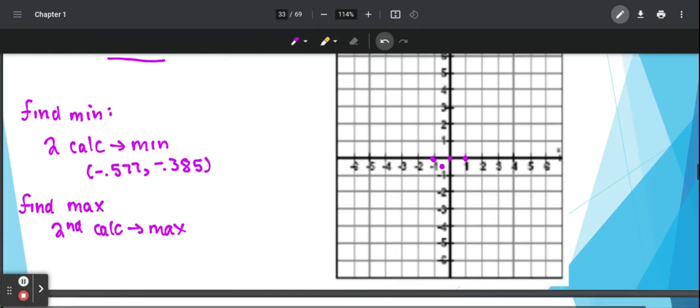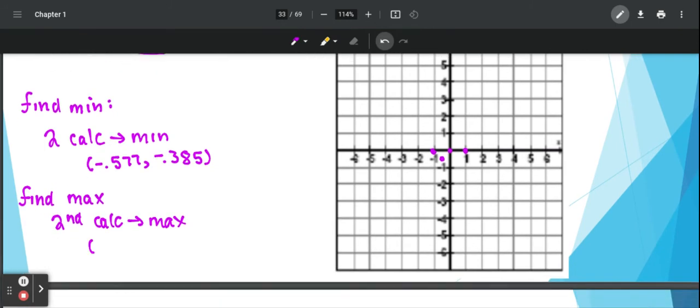And we find out here that it guesses that our maximum is at 0.577, 0.385. So we have some symmetry there. And then we would sketch that point. Then you would just sketch your graph through those points that you drew, and this goes on forever.